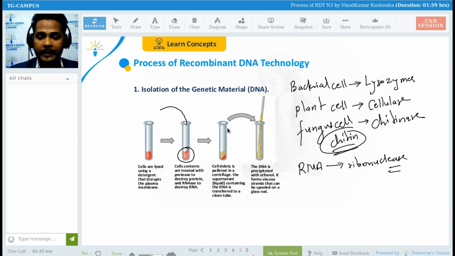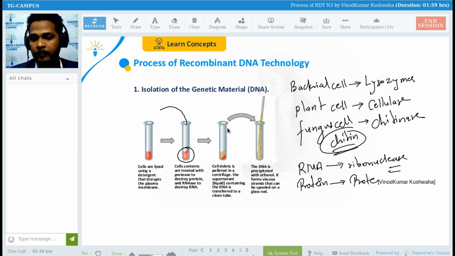Similarly, if you want to remove proteins from those macromolecules, you need to use protease. For protein, it is protease. Here you can see the cell contents are treated with protease to destroy the protein, and RNase to destroy the RNA.